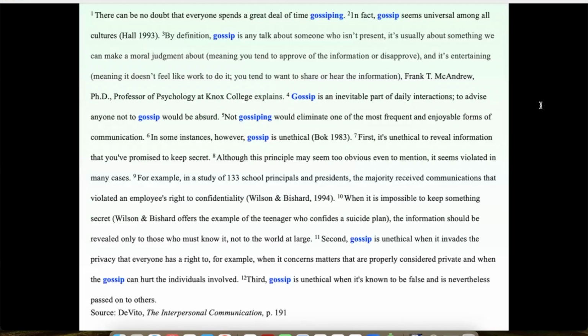Okay, some people say number 2, some people say number 6. 6, 7. 4 or 6?